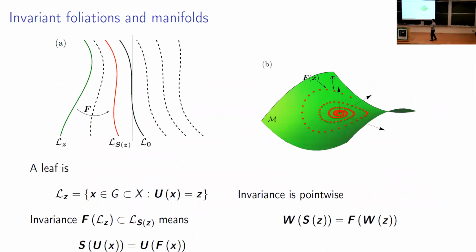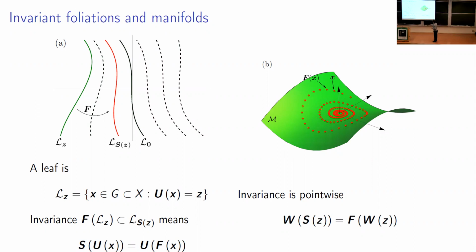And so basically, now we can talk about the geometry of what's going on in invariant foliations, invariant manifolds, and autoencoders. So for an invariant foliation, when you have an encoder, the collection of the level surfaces of the encoder creates a foliation. I think many people know this already. So, what does invariance then mean?